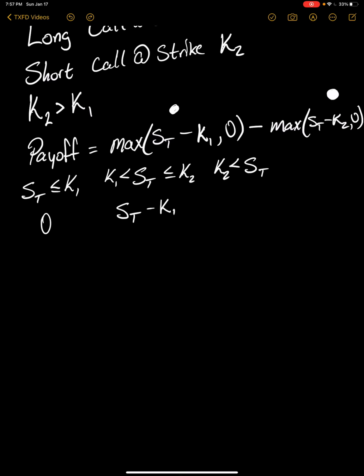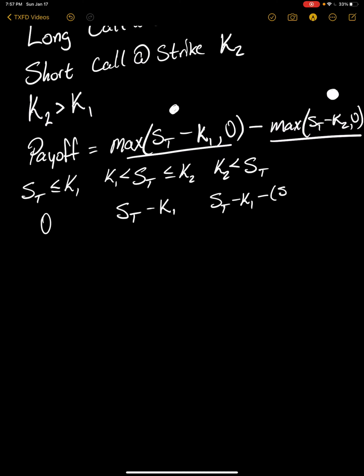And then finally, when the stock price is greater than K2, it's certainly the case that it's greater than K1. So we'll get the stock price minus K1 out of our first max function. And then we'll also have the max of the stock price minus K2 and 0, which will certainly be the value stock price at time t minus K2, because that's going to be non-negative.